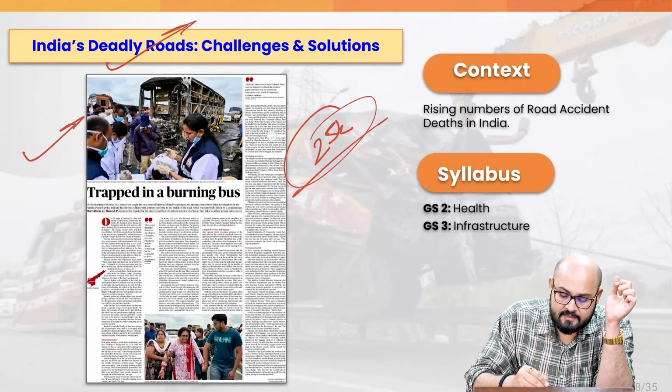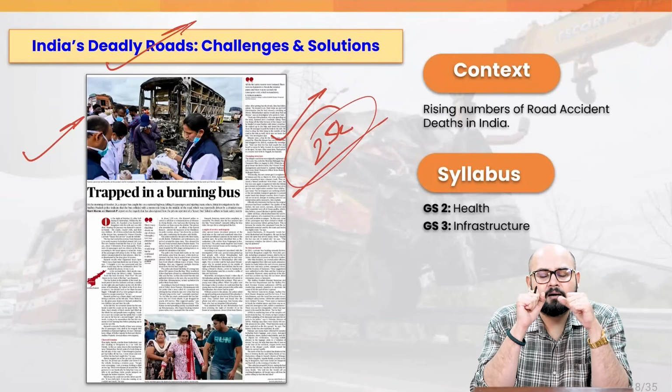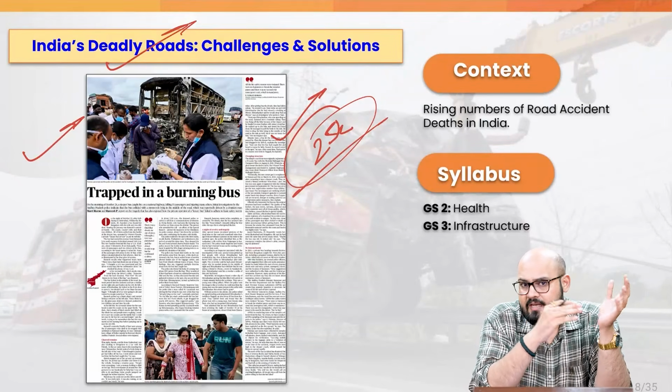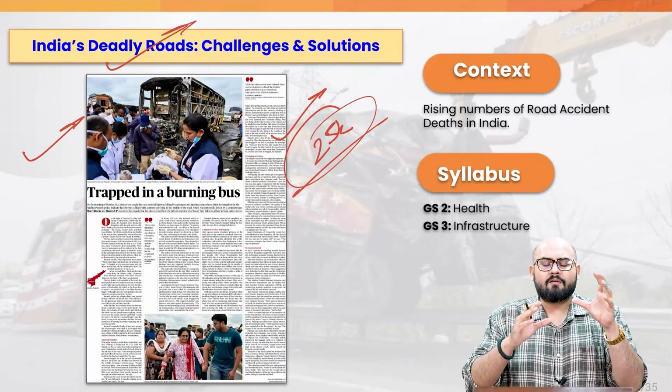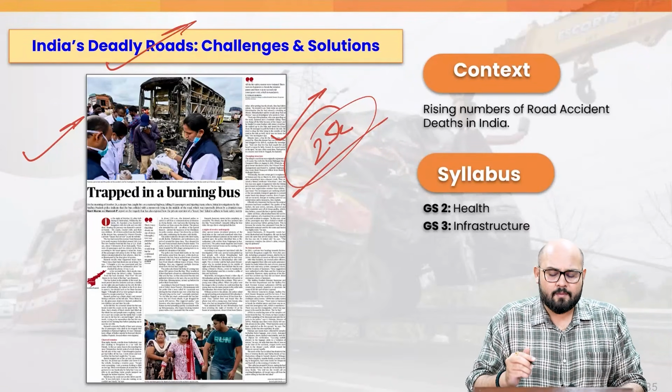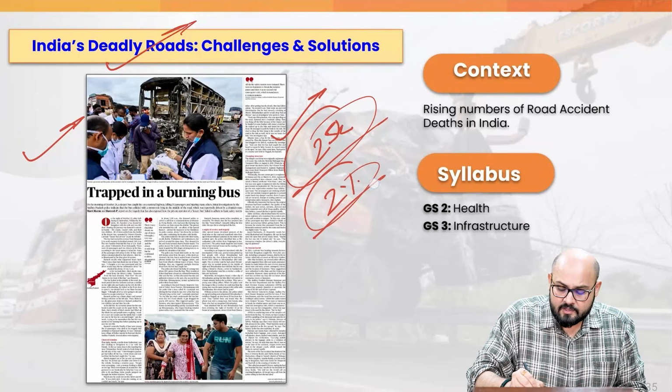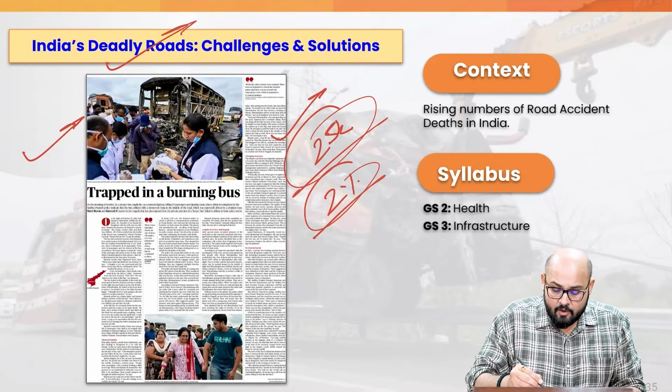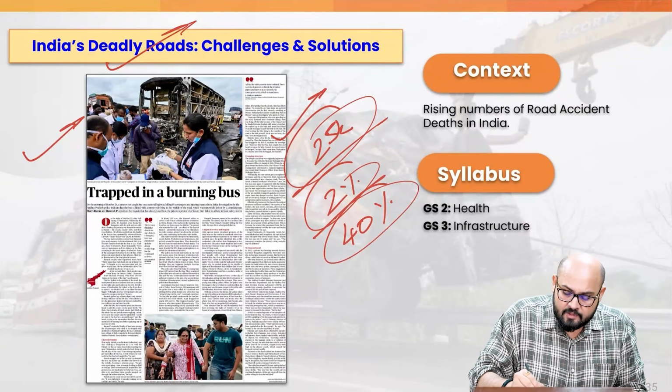Please understand, it's data by the government, so it's conservative data, right? Maybe not every death is reported. So the situation is very grim. National highways share just 2% of the total road network in the country, but they account for more than 40% of the total traffic.